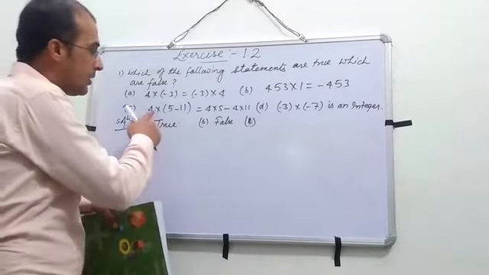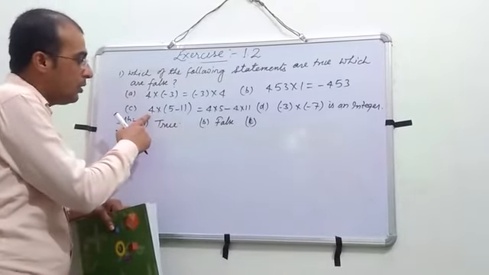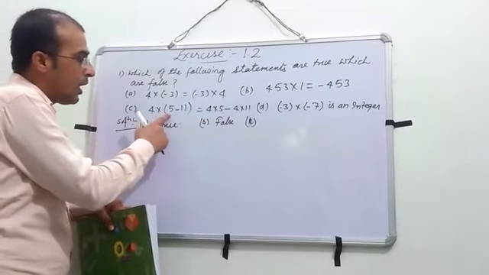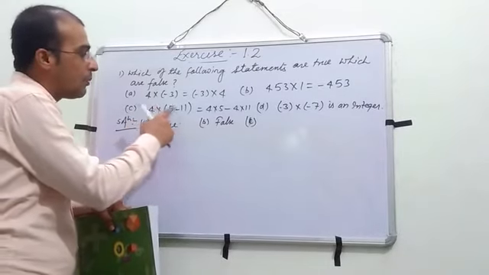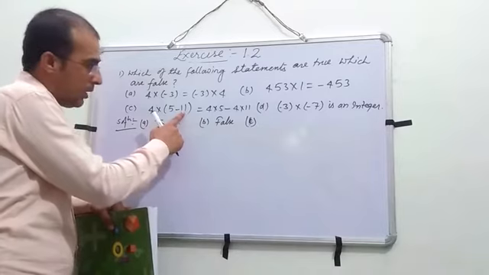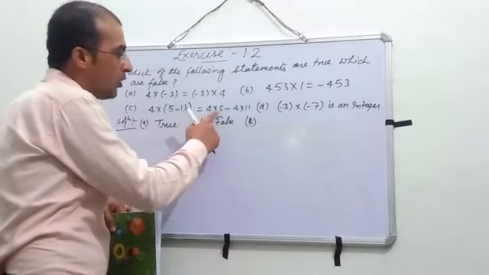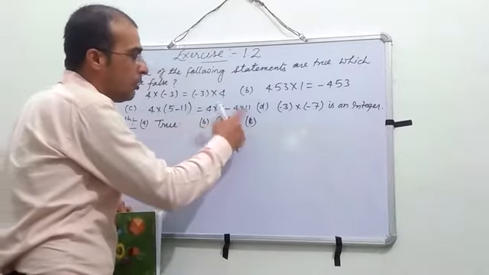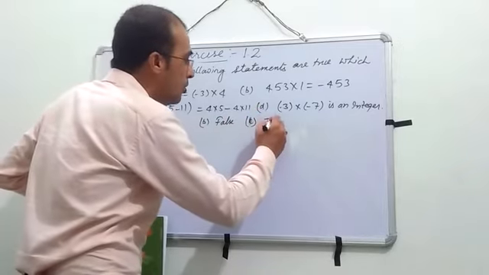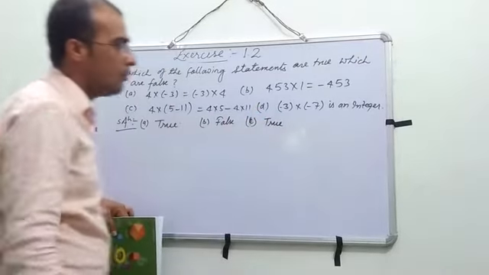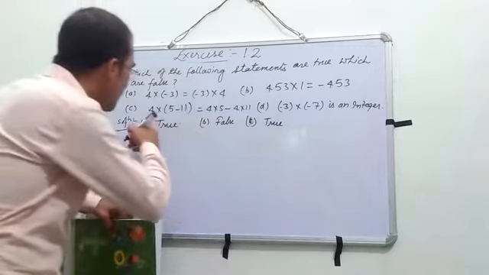So this is also true because 4 is multiplied with 5 and 4 is multiplied with 11. So 4 into 5 minus 4 into 11. So this is also true. We can check, no problem.